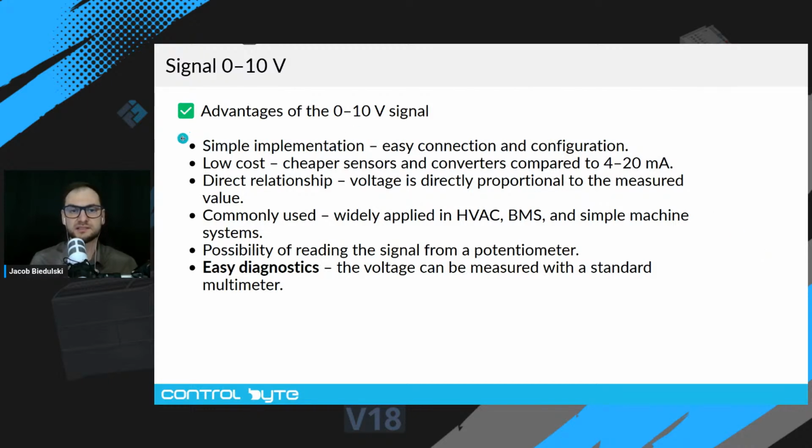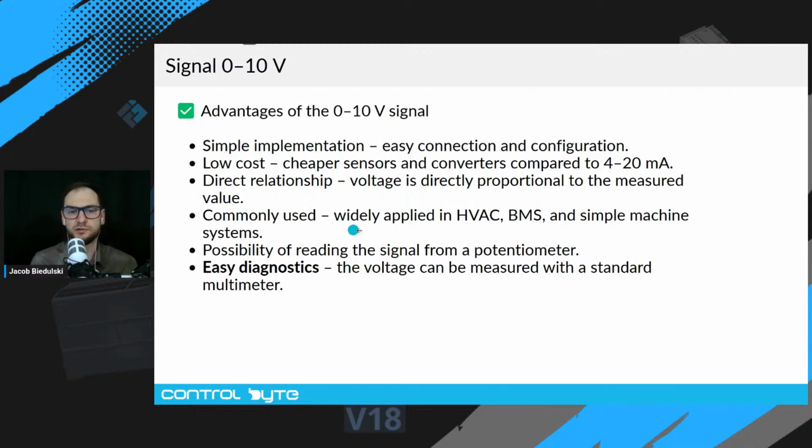This is a sensor with simpler implementation, easy connection and configuration, low cost. The electronics for the sensor is cheaper compared to 4 to 20 milliamps. You have a direct relationship. Voltage is directly proportional to the measured value, 0 to 10 volts.